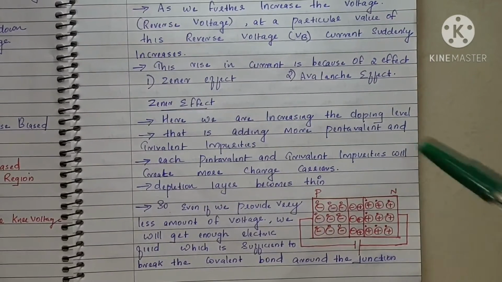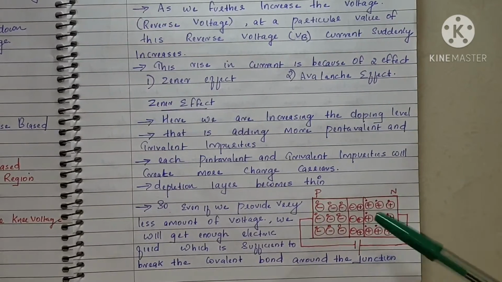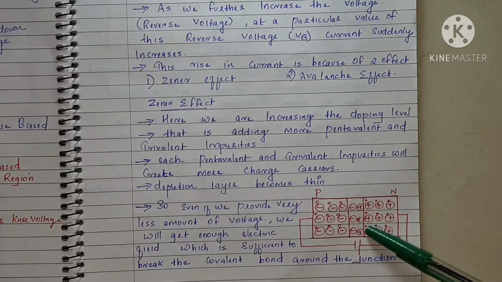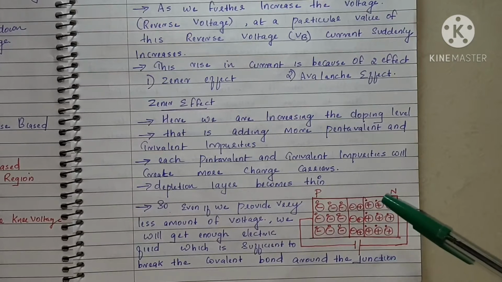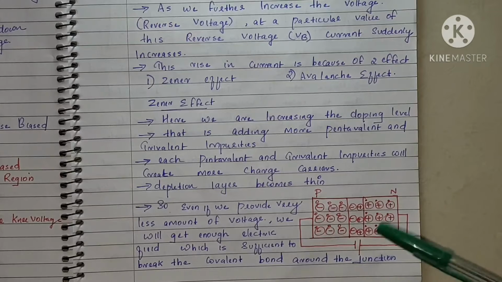In this Zener effect, we are increasing the doping level. Increasing the doping level means we are adding more and more pentavalent as well as trivalent impurities. That is, in the N region, we are adding more pentavalent impurities, and to the P region, we are adding more trivalent impurities.